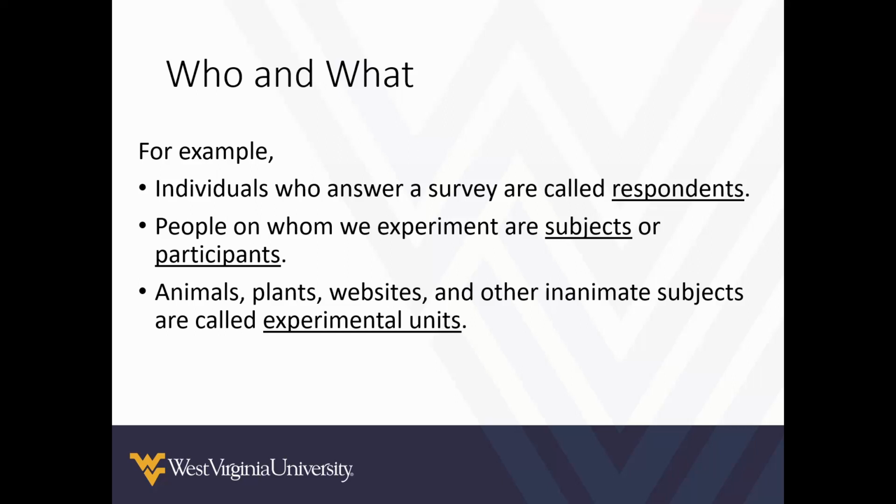People who we perform an experiment on are often called subjects or participants. But when we do an experiment on non-people, such as animals, plants, websites, or any other inanimate object, we call those experimental units. Depending on your major and what kind of data you're going to be working on in your future careers, you should be familiar with how the who's are classified.